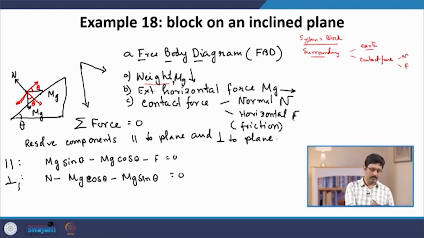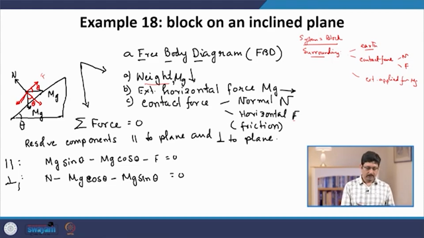This N is in the direction normal to the inclined plane, and the component F is in the direction parallel to the inclined plane. And then, as given in the problem, there is an external force which also happens to be equal to mg.